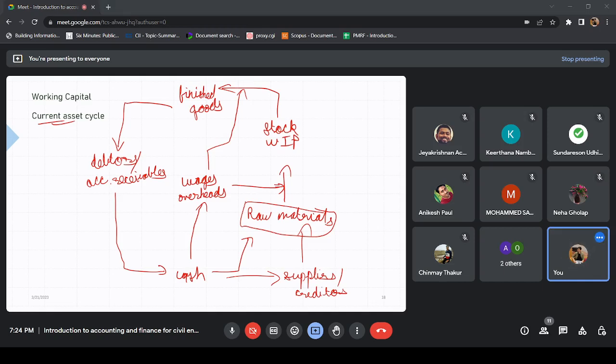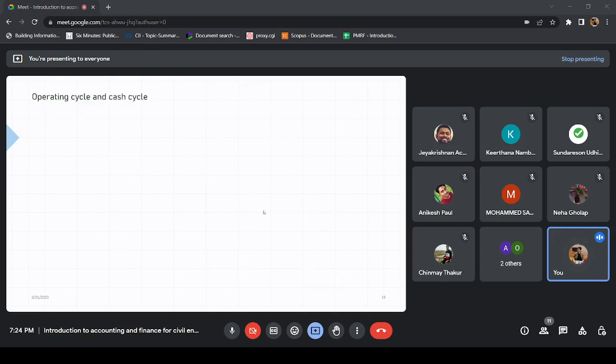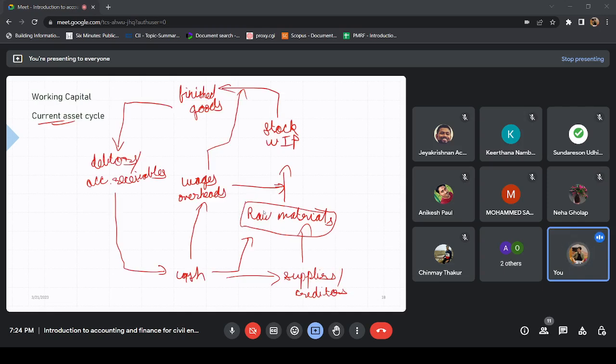Okay. So now this is some kind of a current asset cycle for which you need some cash to go on. So let's add some other terms: operating cycle and cash cycle. Now, as you can see, the cash exchange happened at different points of time, right?